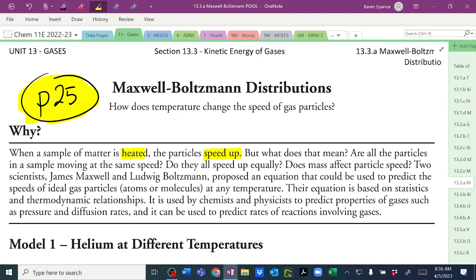Two scientists, James Maxwell and Ludwig Boltzmann, proposed an equation that could be used to predict the speeds of ideal gas particles. And if you remember, when a gas is ideal, it has to meet two criteria.